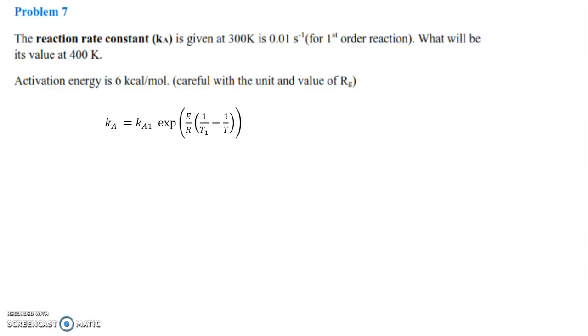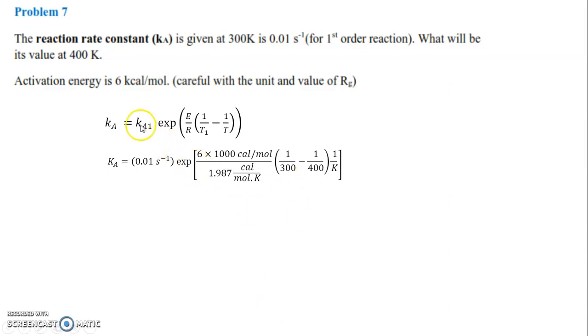So this is the equation to calculate Ka at a different temperature T. We just put in the values: Ka1, the known reaction rate constant, is 0.01 second inverse. Then exp, where the value of E is 6 kilocalorie per mole, so we put 6 times 1000 calorie per mole. We convert kilocalorie to calorie because the R value is 1.987 calorie per mole per Kelvin.